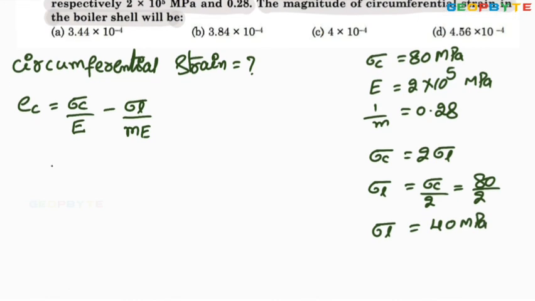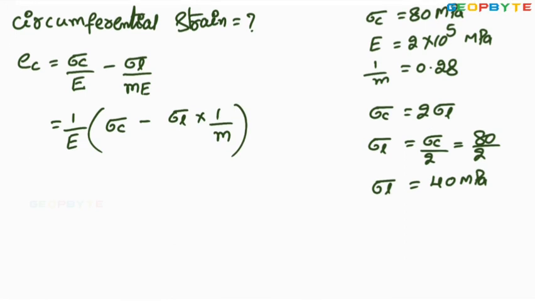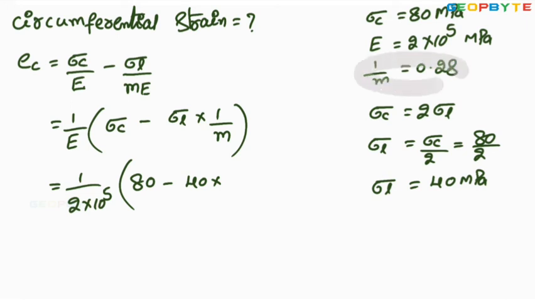It can also be written as 1 by Young's modulus into sigma c minus sigma L into 1 by m: 1 by 2 into 10 power 5 into 80 minus 40 into Poisson's ratio 0.28.